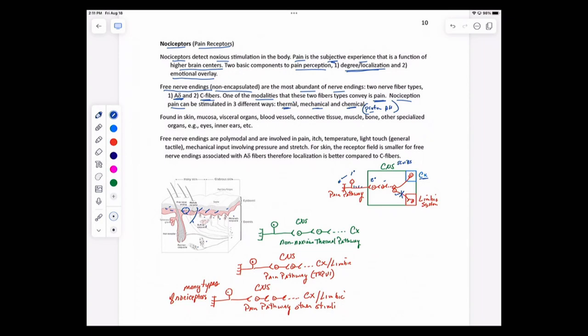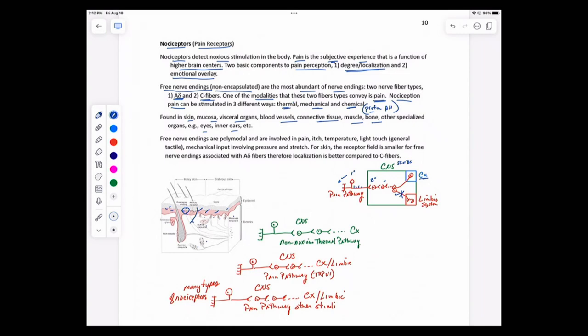You're going to find these in these pain-free nerve endings. You're going to find them in skin, mucosa, visceral organs, blood vessels, connective tissue, muscle, bone, other specialized organs, eyes, ears, etc. So basically, free nerve endings are ubiquitous, and pain-free nerve endings are also ubiquitous.